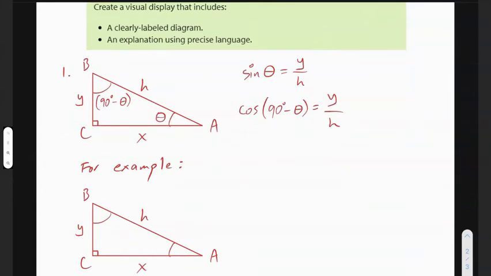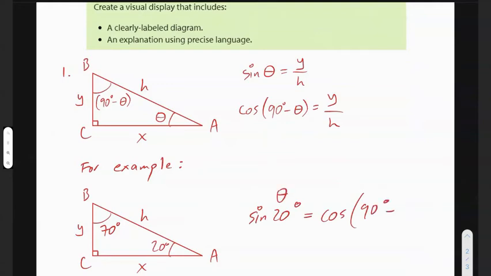This is 70 degrees, this angle here is 20 degrees. So sine of 20 degrees should be the same as cosine of 90 minus whatever theta is, and theta is 20.